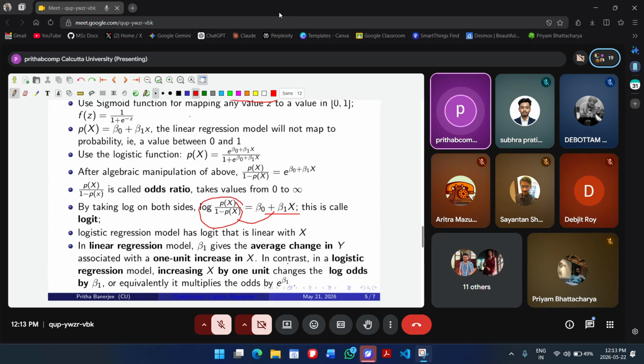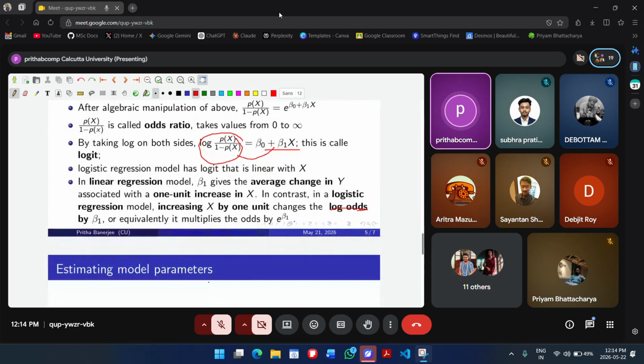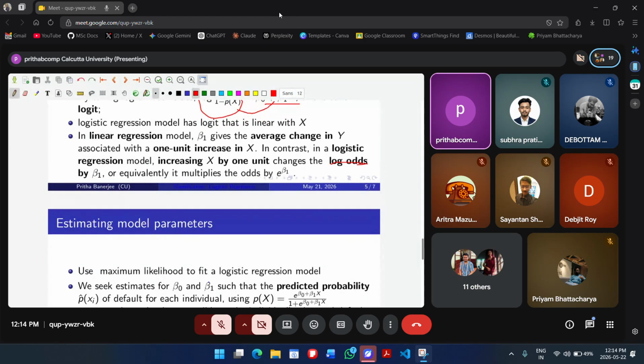But in a logistic regression model, increasing x by 1 unit changes the log odds by beta 1, because it is a log over here, or equivalently, it multiplies the odds by e to the power beta 1. So this is the difference from linear regression.